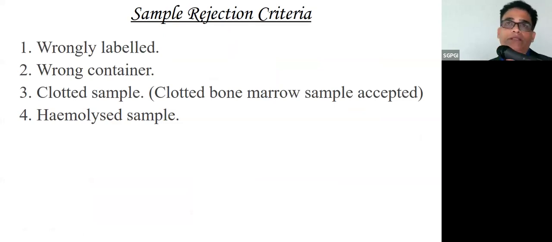Otherwise, we process the sample in any condition, even if it is partially or fully clotted; you can mention it in the report if you are not getting the number of cells of interest. You can still get your WBCs released from the clot, and even a hemolyzed sample can be processed for flow cytometry.